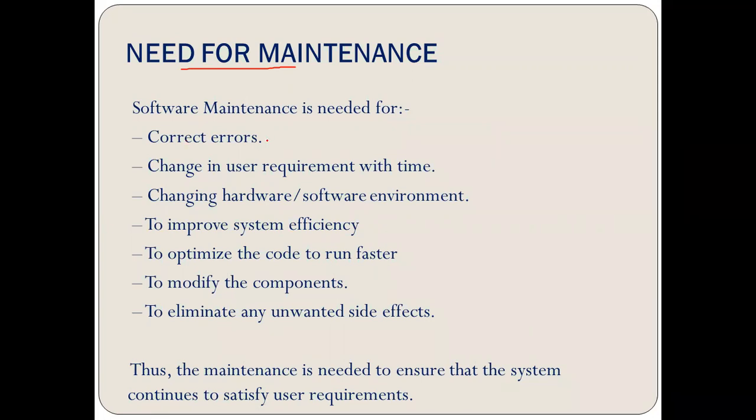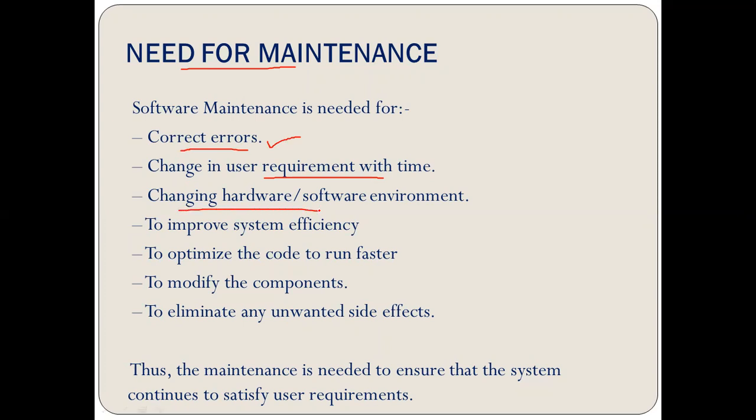We need software maintenance to correct the errors that are uncovered or executed by the users. That means when the user is operating the software and he uncovers certain errors, those particular errors are to be corrected in the maintenance phase. Change in user requirement with time: if the user requirement changes after, let's say, 3 or 4 years, those particular changes are to be included.